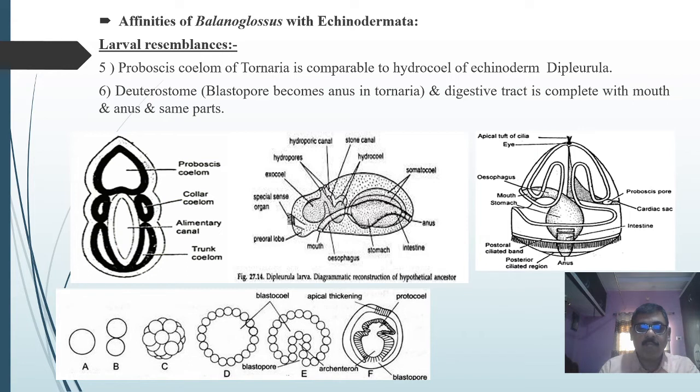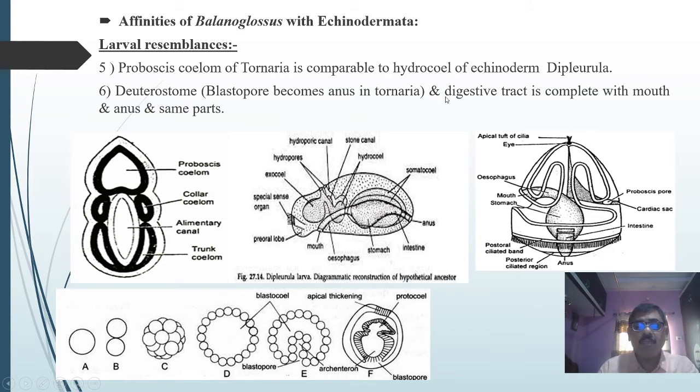Those organisms where the blastopore becomes the anus are called deuterostomes, and where this opening develops into the mouth are called protostomes. If you observe the development of this Tornaria larva and the Echinoderm larva, both are deuterostomes; the blastopore becomes the anus in Tornaria as well as in Echinoderms.